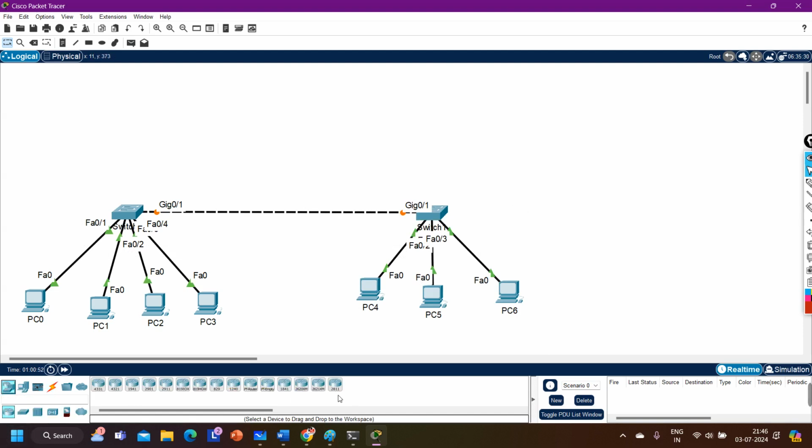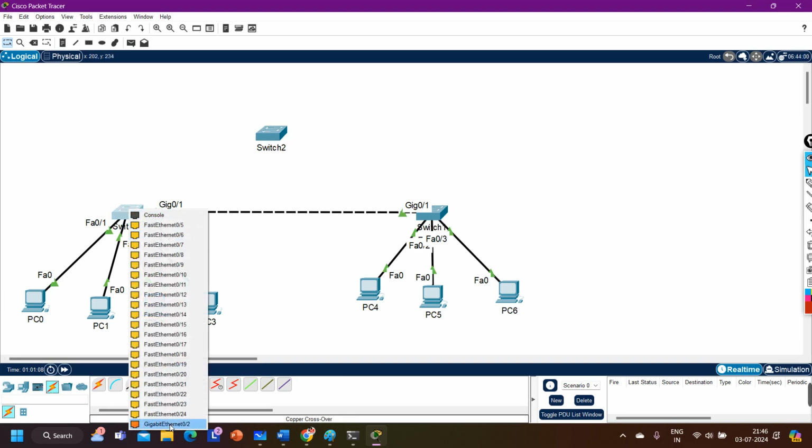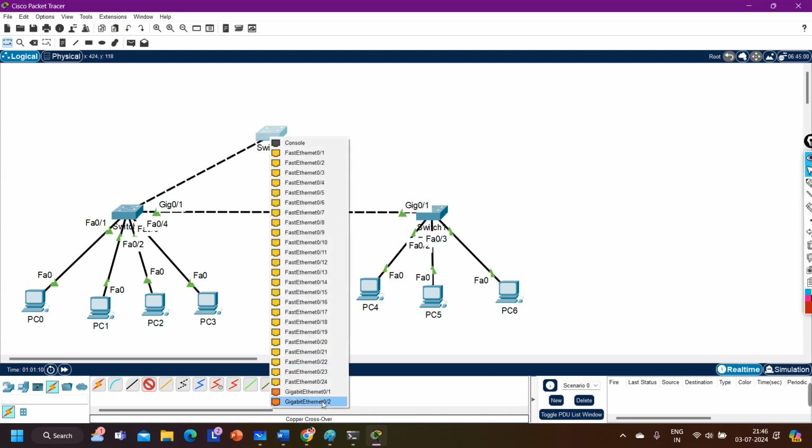Now I have another switch here. So you tell me now which type of cable I will use, crossover or straight through, to connect the other switches. Crossover. And which port? Let's say Giga 2.